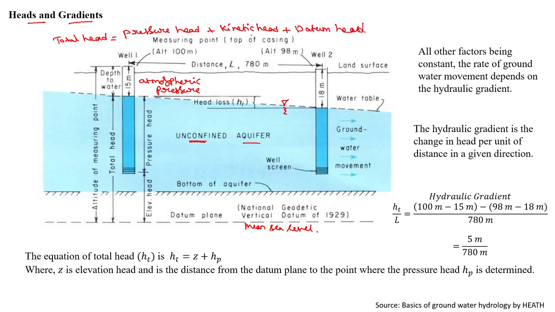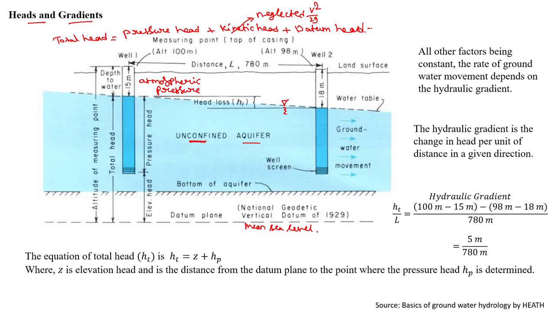But in the case of groundwater, the kinetic head can be neglected, because the velocity of the groundwater flow is very small. So when we calculate v square by 2g, even if v is small, if you square it, it will be even smaller. That's why we neglect the kinetic head.